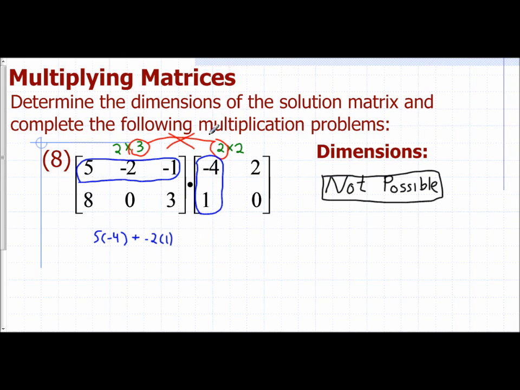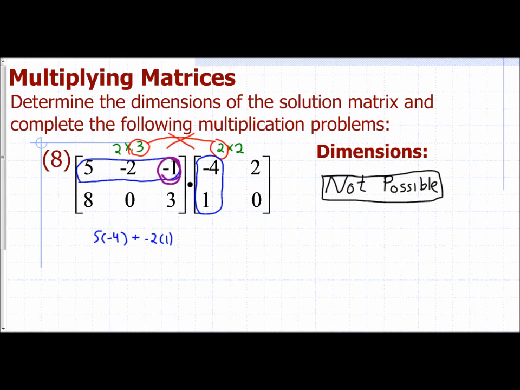So it's nice to know this shortcut of if the inside numbers don't match, it's not possible to find the product of the matrices. But I want you to understand why it doesn't work: there's a gap somewhere. There's a third number in this row, but there's no third number in this column to multiply it by.